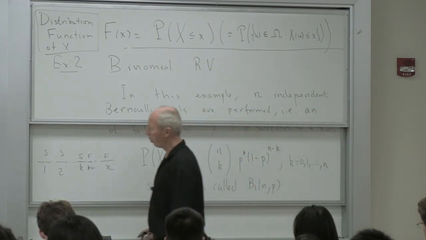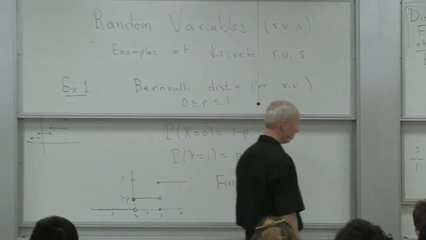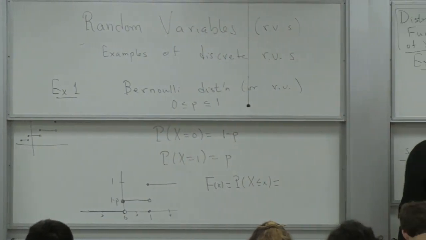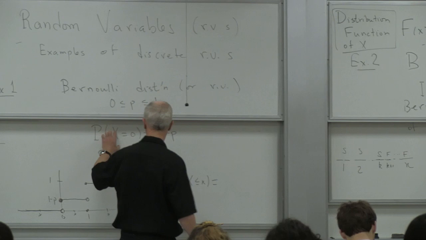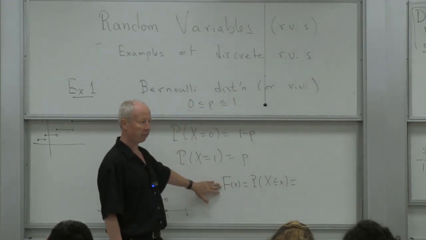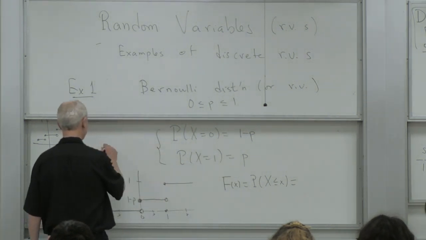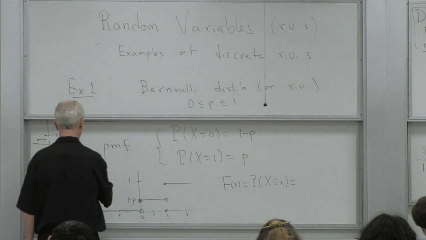Okay, now in both these cases, we started out with this function, the probability that it's equal to particular values, as opposed to the CDF. This function is called the PMF, probability mass function.